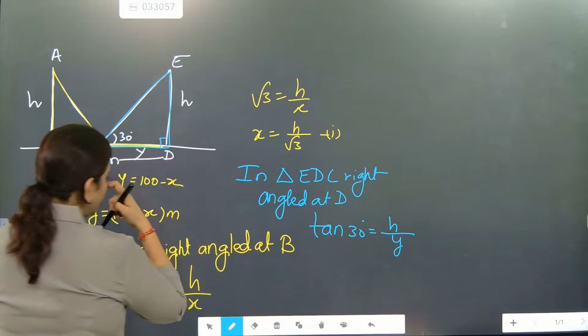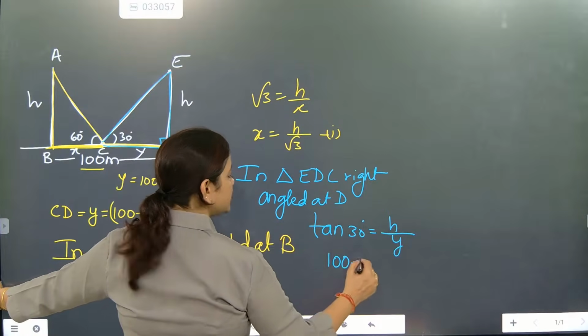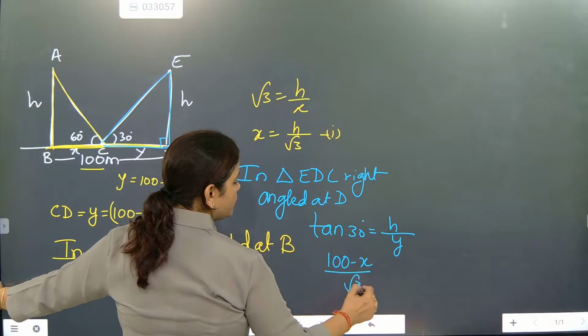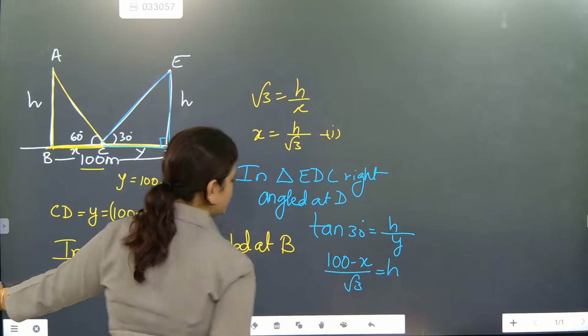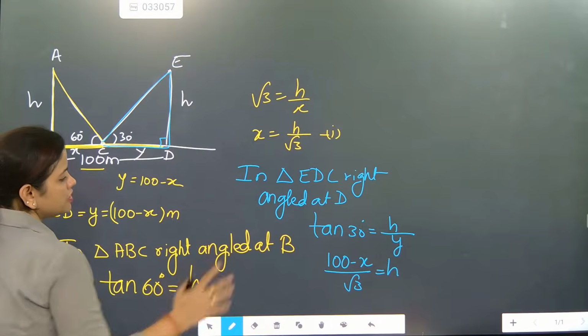And what is y, beta? 100 minus x. So 100 minus x by root 3 is equal to h.